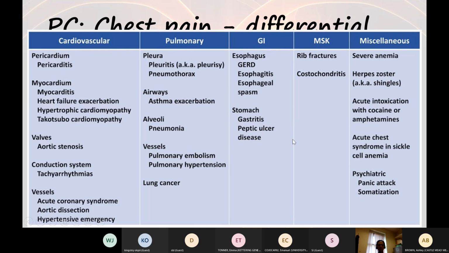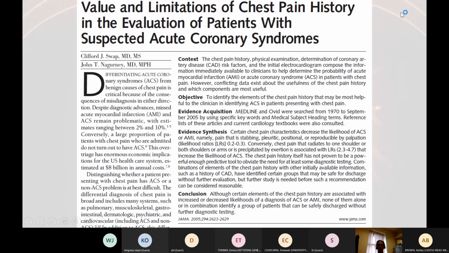So there are lots and lots of different symptoms that you get associated with the wide differential of causes of chest pain. And there's quite a nice paper which gets older. Every time I look at it, it's 2005, but it was really a good summary of all the different studies of history taking in diagnosing chest pain.